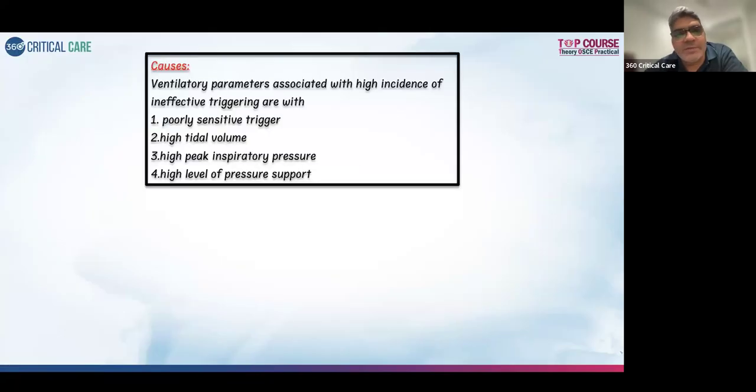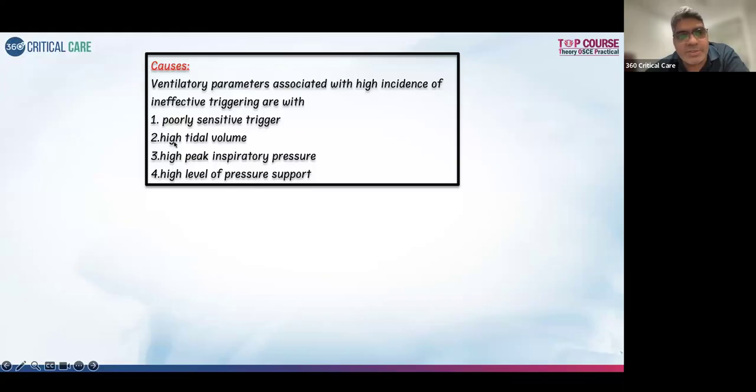What can be the causes? First of all, poor sensitivity of the trigger that you set. High tidal volume: if you set a high tidal volume, the patient doesn't need to generate as much effort. High peak inspiratory pressure can be associated with ineffective triggering, and a high level of pressure support also. If the patient is already supported with a high level of pressure, he will not generate much, and the pressure that he generates spontaneously will be less.